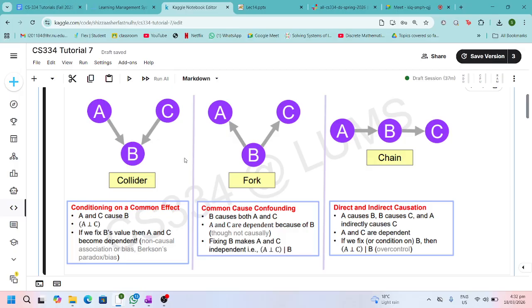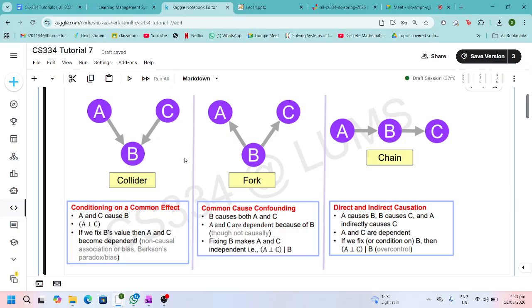You do not condition on a collider, otherwise you open a path that shows you a false negative correlation. With that being said, we have already established that A and C are independent of each other in a collider, which means कि अगर आप collider पे condition करें तो then they become dependent on each other.